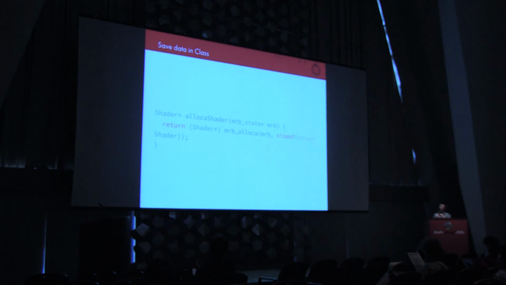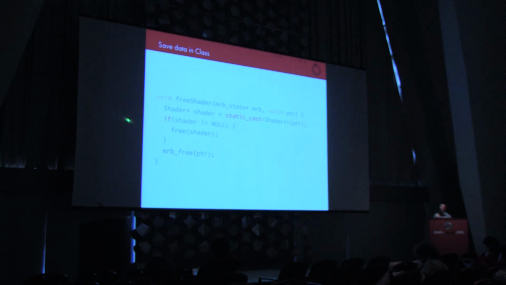First, if we want to create a new data struct, we use mruby's malloc method because mruby will add some header for it. And if we want to free the memory, we can just call mruby free, but we still have some pointers saved in our data struct. So we have to free this data struct before we free our defined struct for mruby.